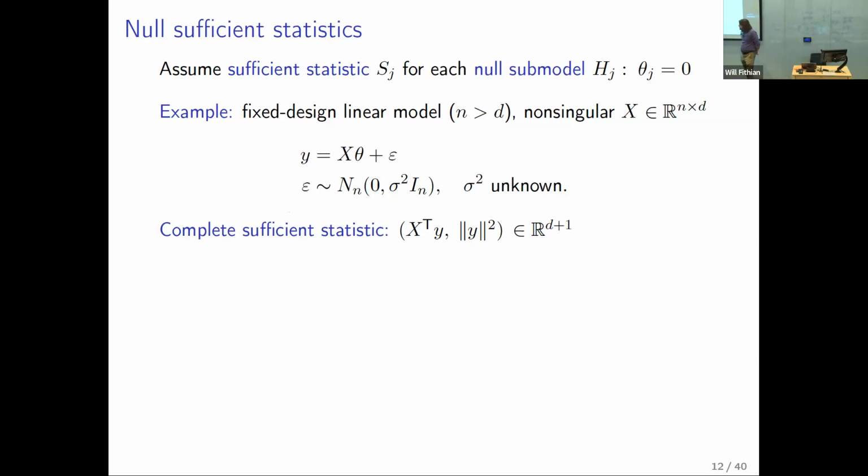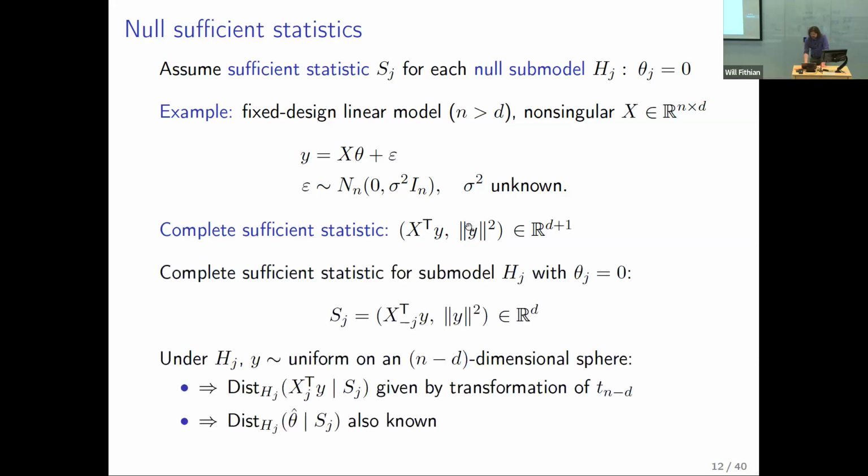There's a complete sufficient statistic for this model, which is X transpose Y and the total squared 2-norm of Y. You can directly read this off of the exponential family form. Again, X is fixed, so X transpose X is not really a statistic. This is a complete sufficient statistic for the model, or equivalently, I could replace this with the residual sum of squares. It would be the same information.